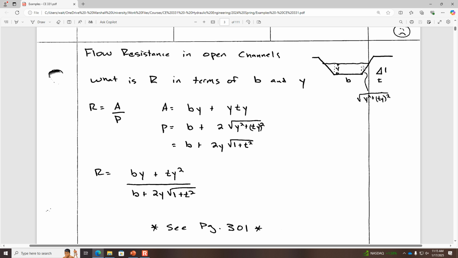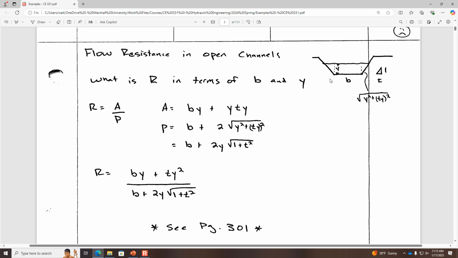then y times ty is the area of these 2 side triangles. Okay, so now for wetted perimeter of a trapezoidal channel, that's talking about what is this part plus that part and that part. That's the wetted perimeter. Sometimes you just have the P instead of P sub W. So you can see obviously the bottom width B is one part of it, and then the side slopes, there's 2 of them.